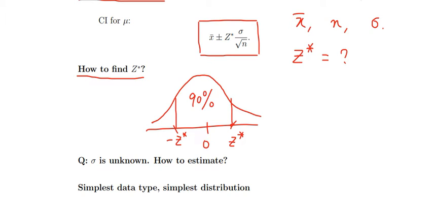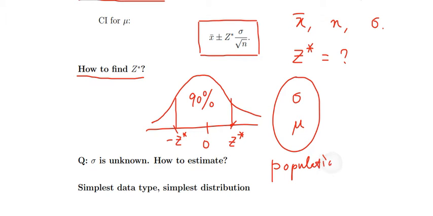Here sigma is the population's standard deviation. From the population we have mu and sigma. Population means all people. For all people we have their average and their standard deviation, but we don't know either of them.